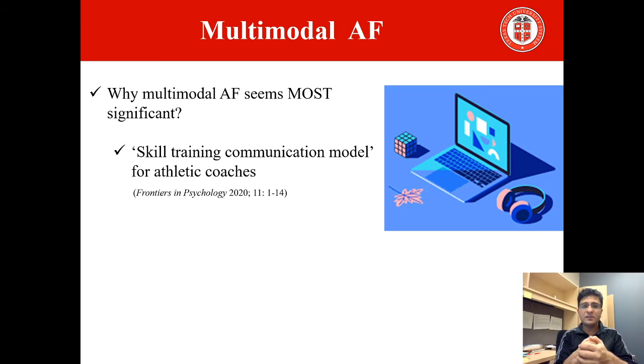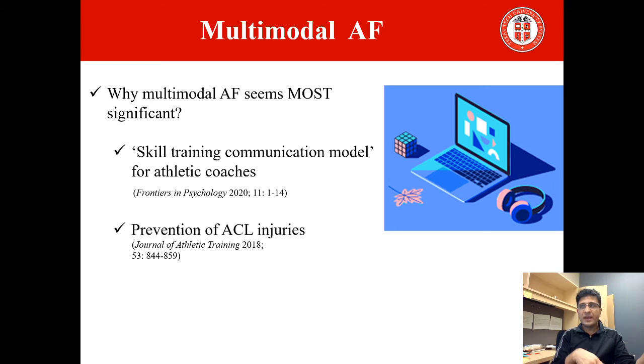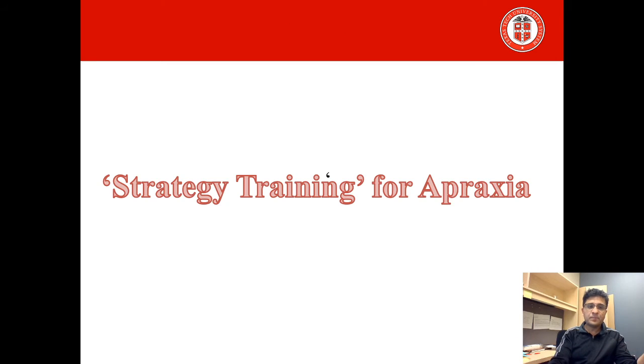For example, this skill training communication model has been used by athletic coaches, where they adapt a question-answer approach, a kind of trial approach, or maybe a kind of analogy approach in combination, and it proves very useful in enhancing performance. It's also helpful in prevention of ACL, anterior cruciate ligament injuries, where people are doing vertical jumps. And this kind of feedback actually mitigates the GRF, or ground reaction force, in those athletes.